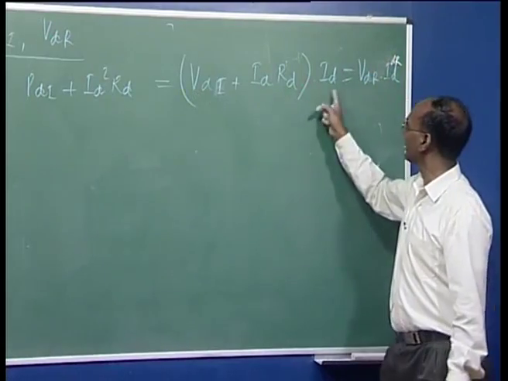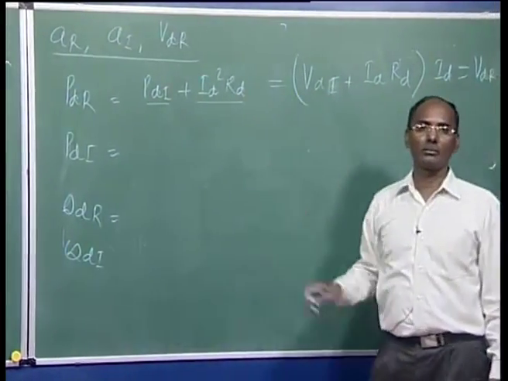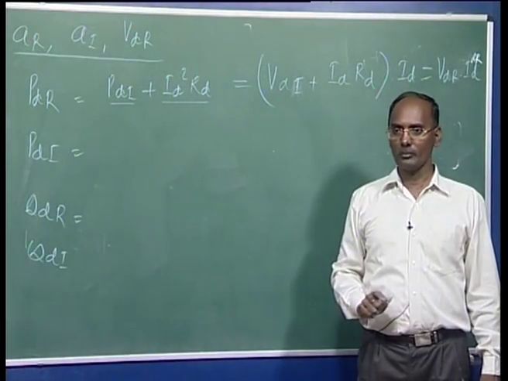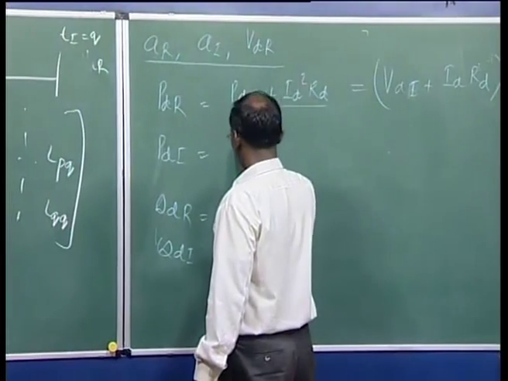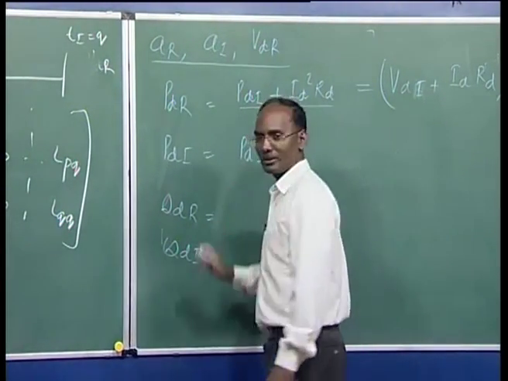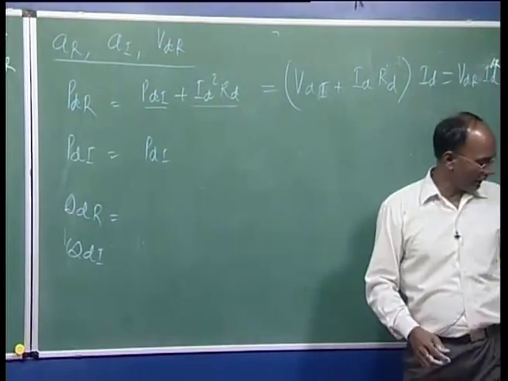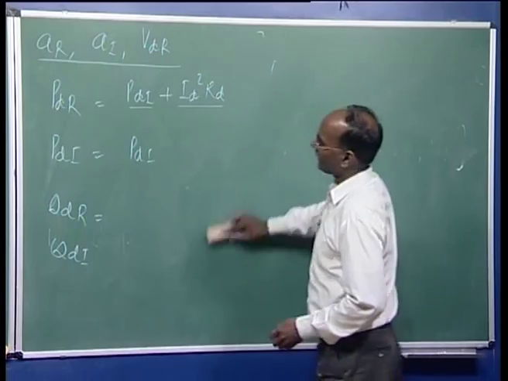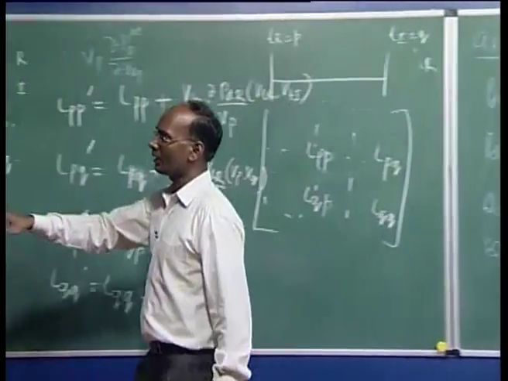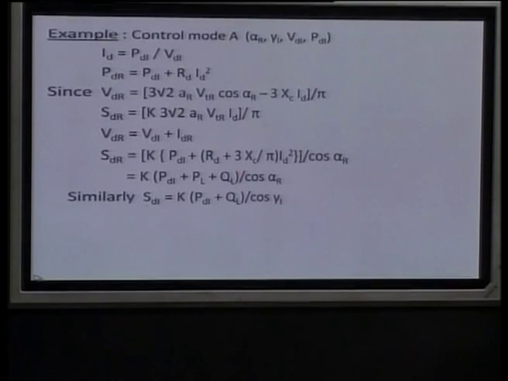If we multiply here, we get the PDI and IDR, and all the things are known in this case. Now, the PDI here is only PDI, it is a constant. So, now I can just remove this, and that is why I have written this PDR here: this is the PDI plus the loss of the line, the DC line.